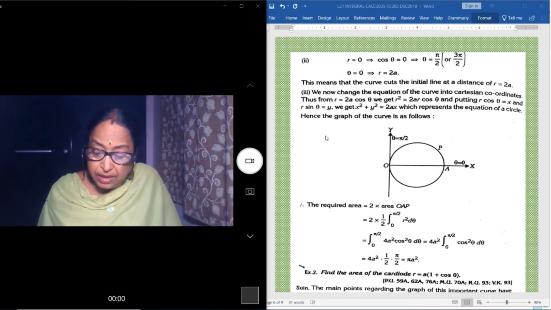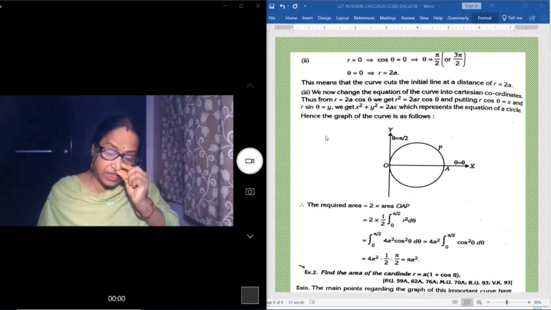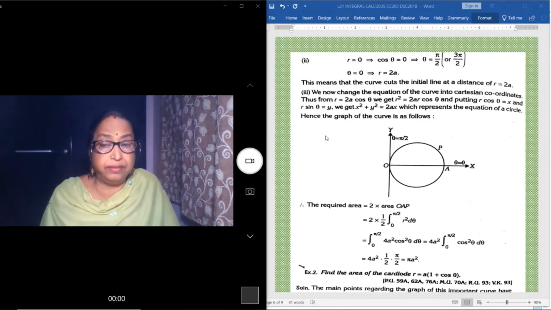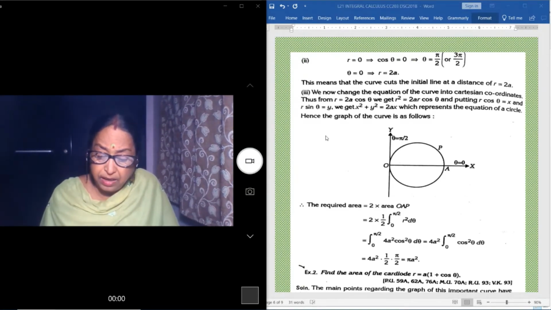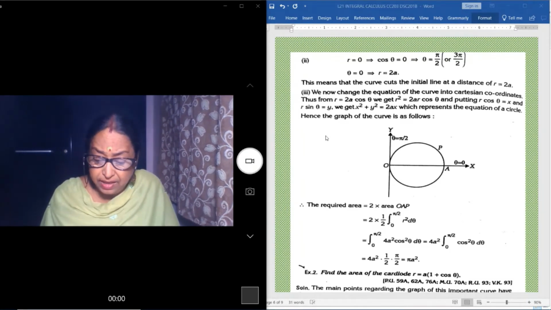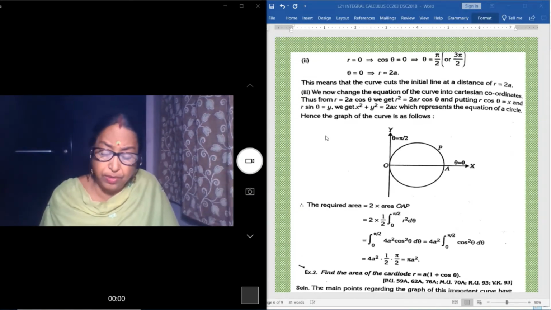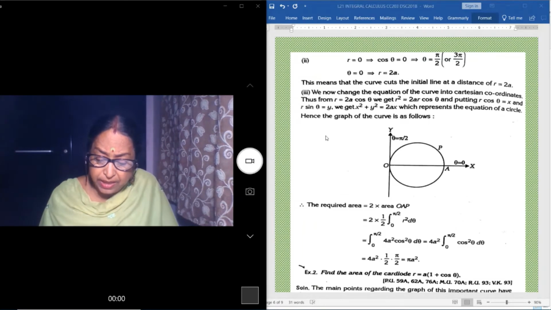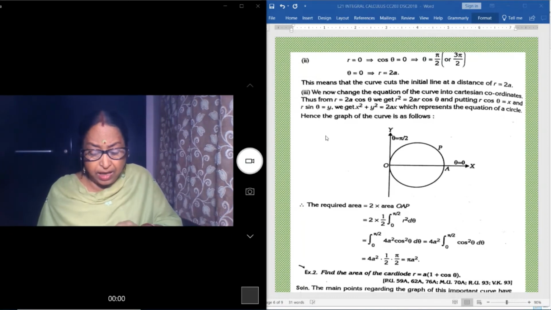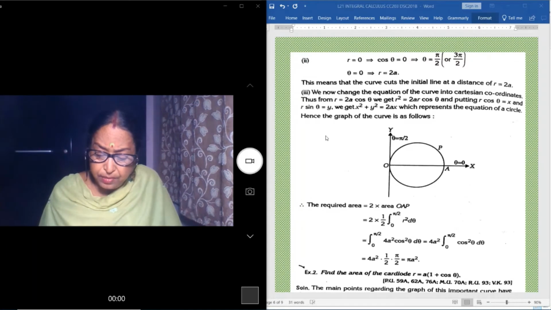So the required area is twice the area of OAP, that is the half circle, and we are again using the polar formula. For drawing we are using the Cartesian form, and for taking the limit we are again shifting to polar form. Half r square d theta, and r is given, then r square into d theta.